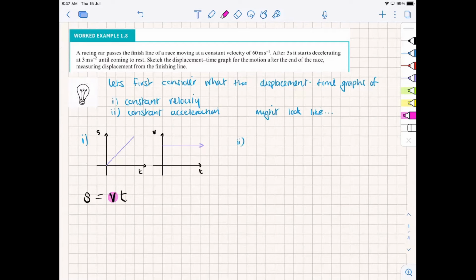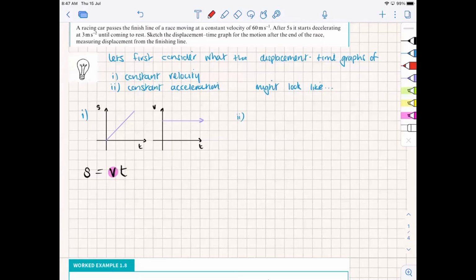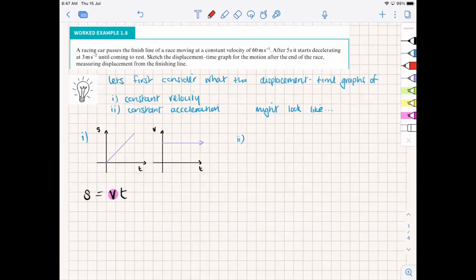If I gave you a velocity, we can use the one from the example above. If I told you the velocity is 60 meters per second, the function would be S equals 60t. That would be your displacement function, okay?